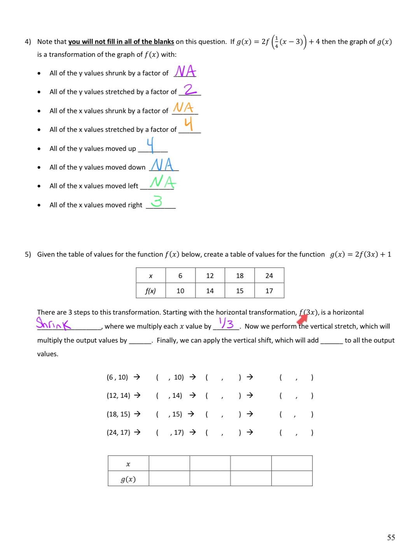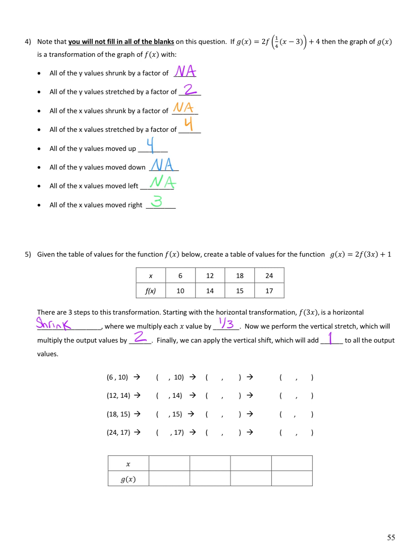It says times 3, but it actually means divided by 3, or times 1/3. Now we're going to perform the vertical stretch, which will multiply the output values by 2. So we have times 2 outside, so it's a vertical stretch. And then finally, we apply the vertical shift, which will add 1 to all the output values.